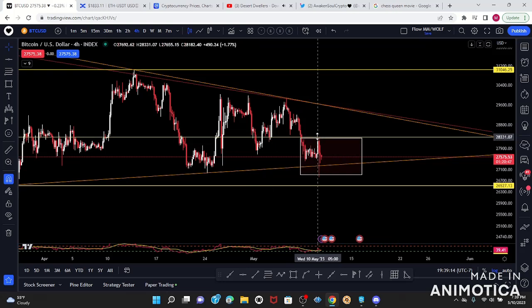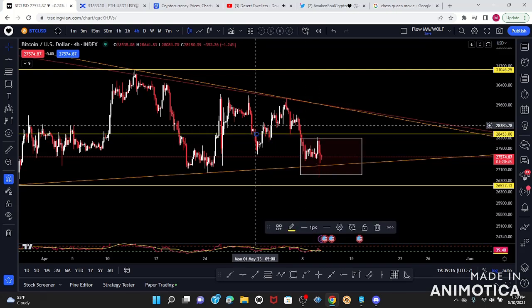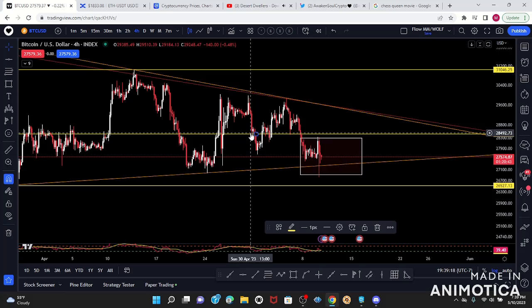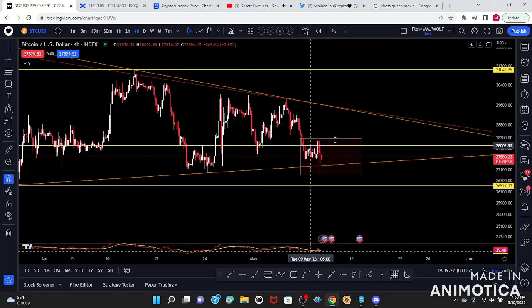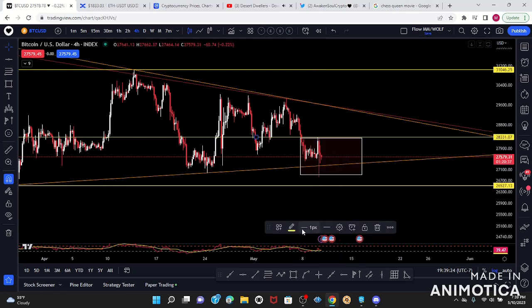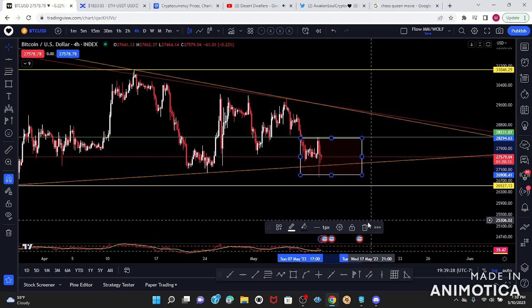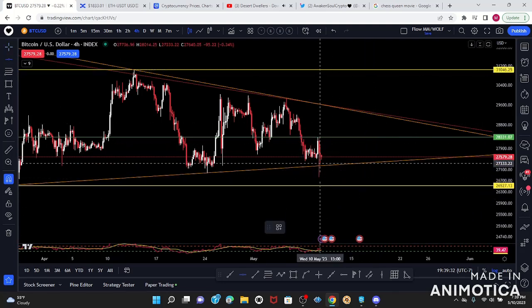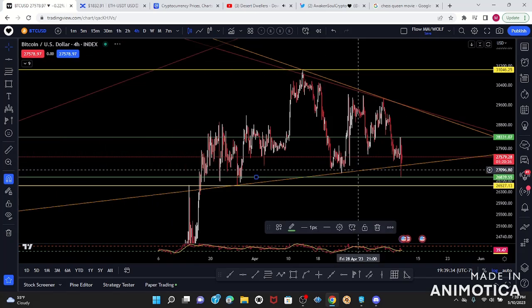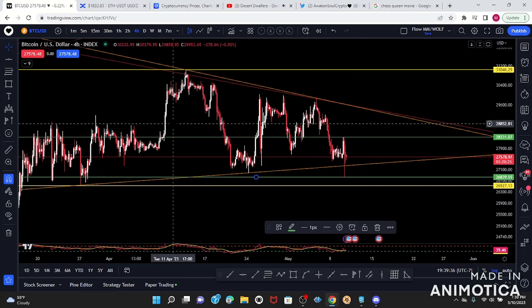In my 4 hours, I need the little foot. There we go. That's my 4 hour high. This is my 4 hour low. Okay, and so I have my range.